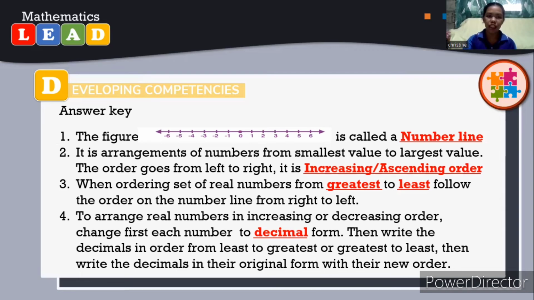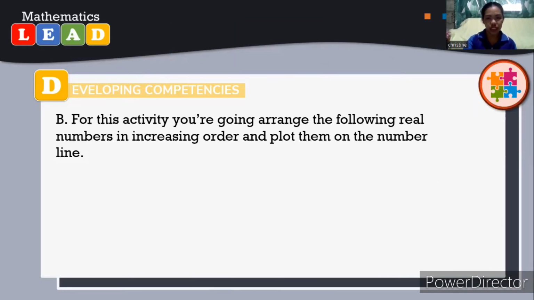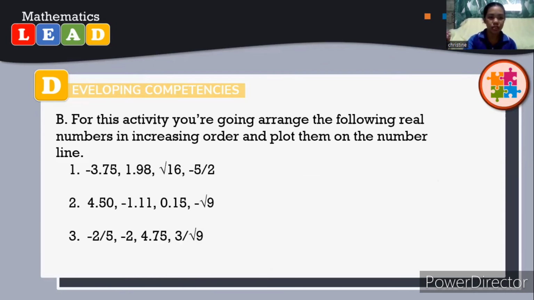Then let's proceed with the second activity. You are going to arrange the following real numbers in increasing order and plot them on a number line. Number 1, negative 3.75, 1.98, square root of 16, negative 5 over 2. Number 2, 4.50, negative 1.11, 0.15, and negative square root of 9. And number 3, negative 2 over 5, negative 2, 4.75, and 3 over square root of 9.